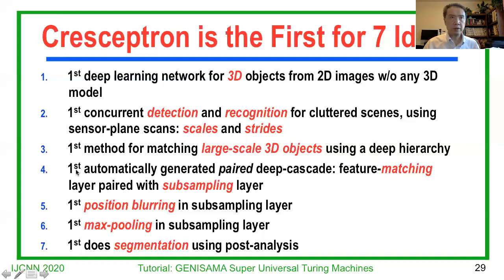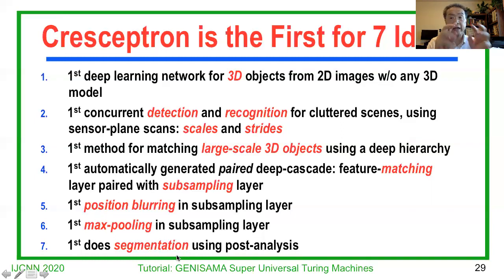Number 7 is segmentation, doing post-analysis. After you recognize an object, you use the reverse logic of the network to find out which pixels contributed to the recognition, disregarding the background pixels. ImageNet-era work did that, but did not do polygons. We did polygons.